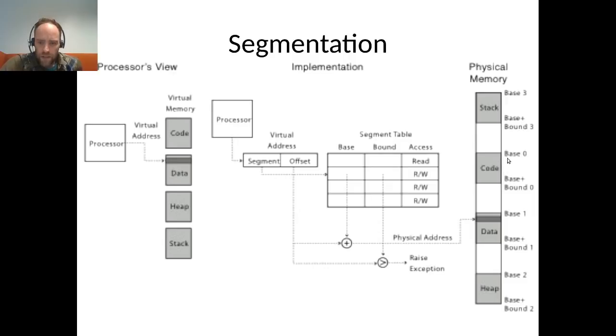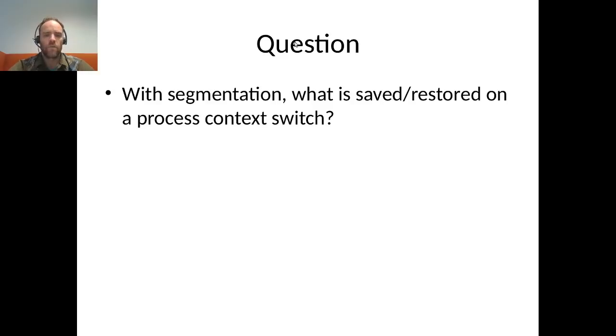But we can see here we have base 0, that would be the code, to base 0 plus bound 0, and that would correspond to this first entry. So we have 4 entries here, 0, 1, 2, 3, and the corresponding bases can be seen where they're actually pointing to in physical memory.